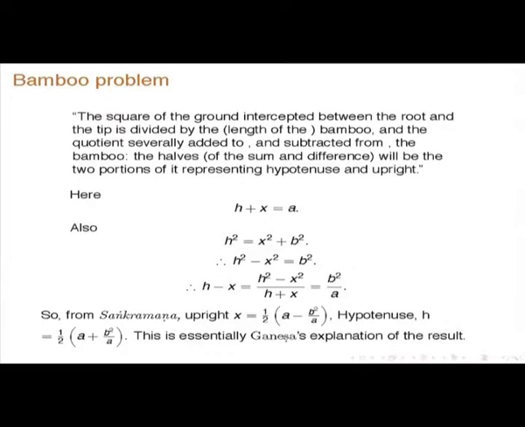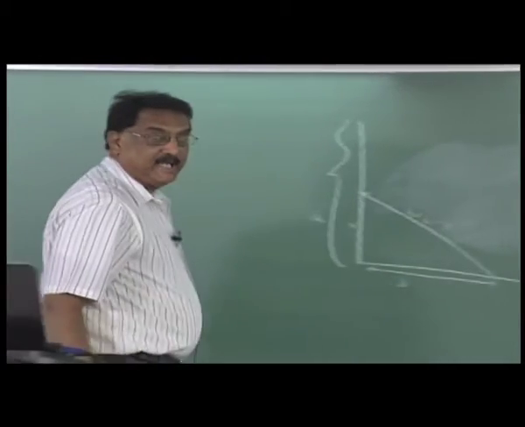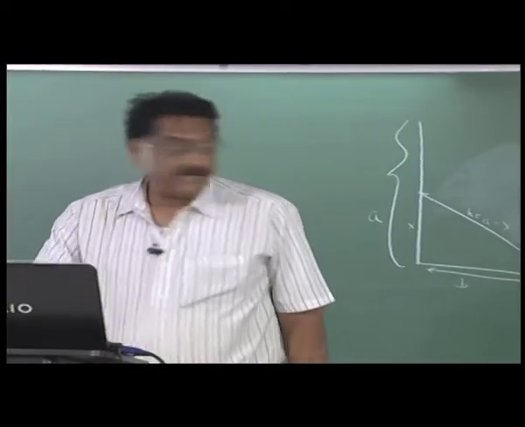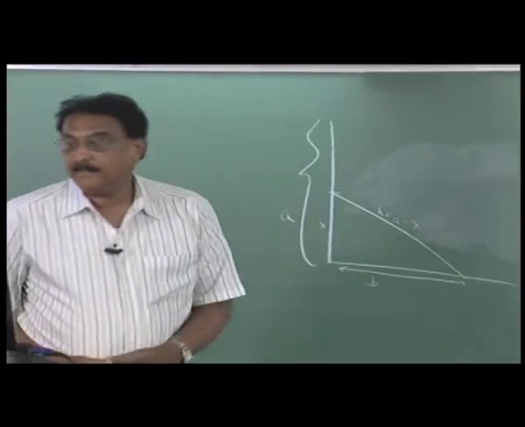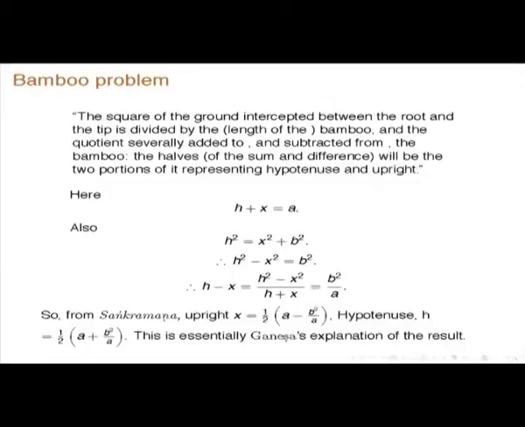So, essentially he is talking about the situation where this is the hypotenuse. So, h plus x is equal to a. Clearly h squared is b squared plus x squared, so h squared minus x squared is b squared.